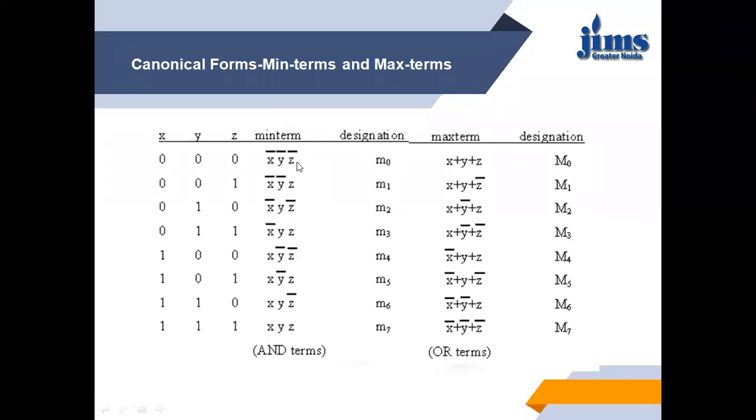So these are the two standard canonical form representations of any Boolean expression, in terms of min terms and max terms. So keep in mind that min terms are always product terms, and max terms are all sum terms. So here are the sum terms, x plus y plus z.